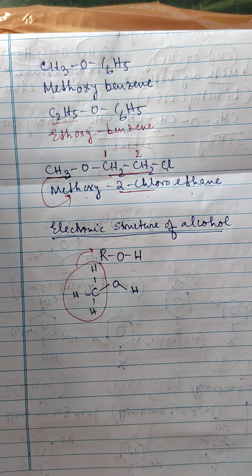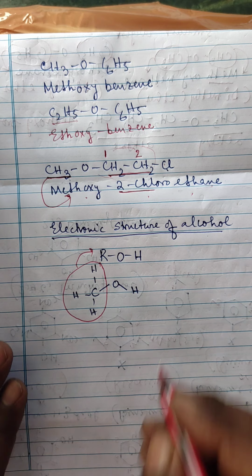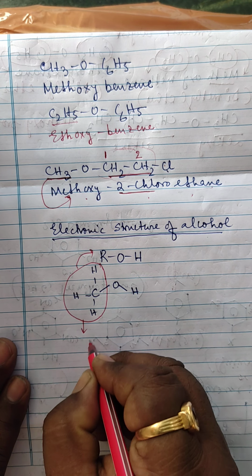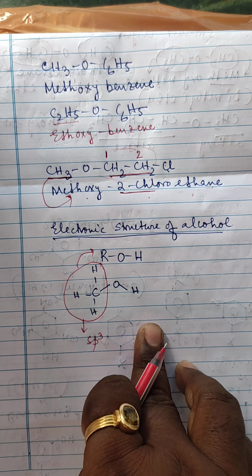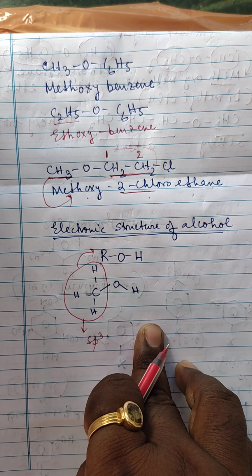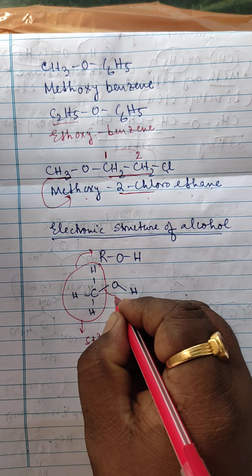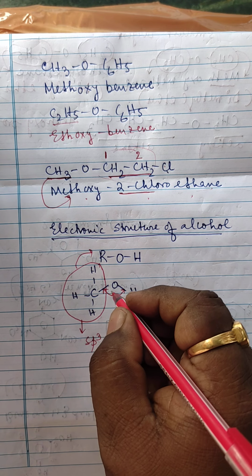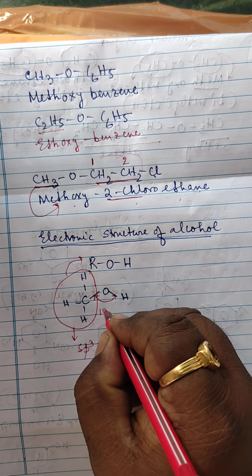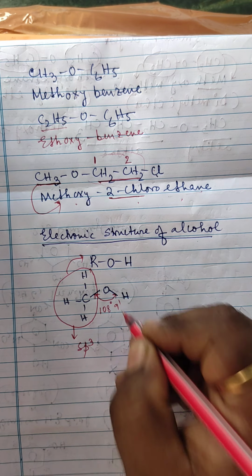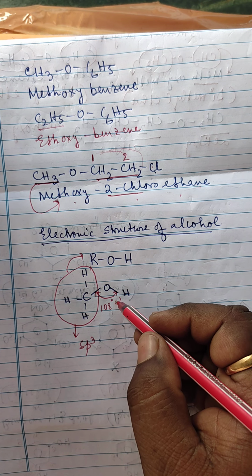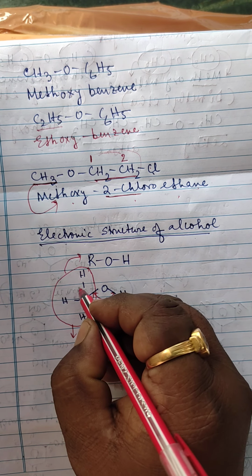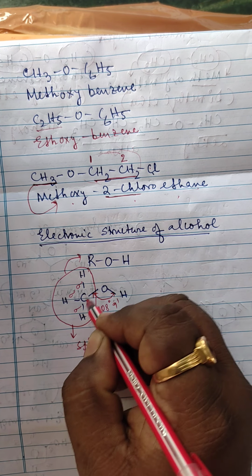The alkyl portion has a hybridization of sp3, and this is the structure of water, where also the hybridization is sp3. Now in this case, the bond angle has been found to be 108 degrees and 9 minutes, and all these bonds are sigma bonds.